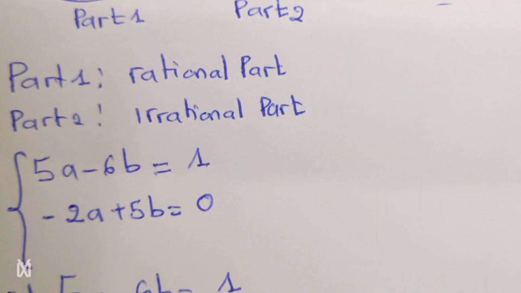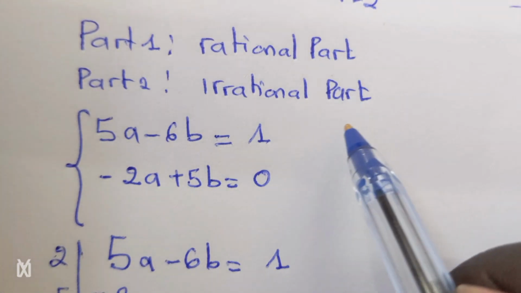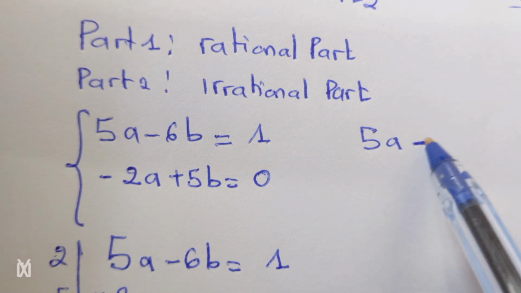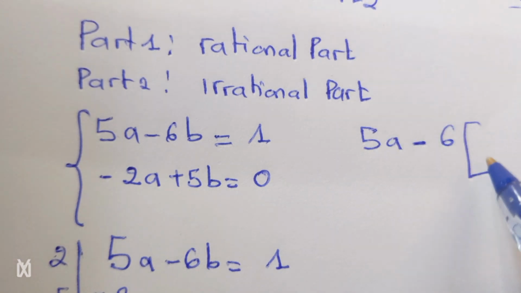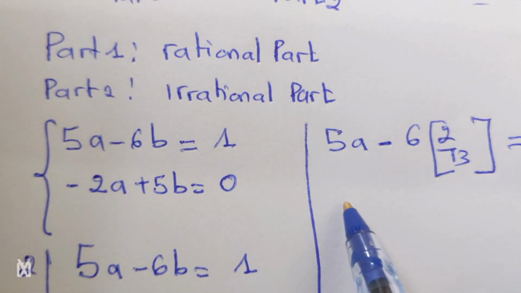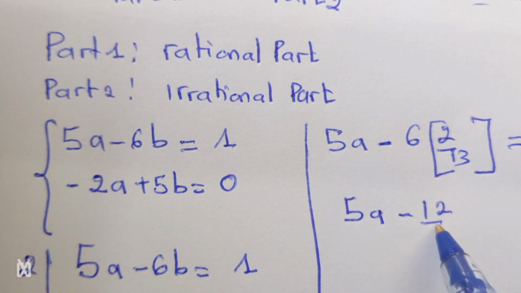Now by replacing b in the original equation, we have 5a minus 6 times 2 over 13, which is equal to 1. This will bring 5a minus 12 over 13, which is equal to 1.